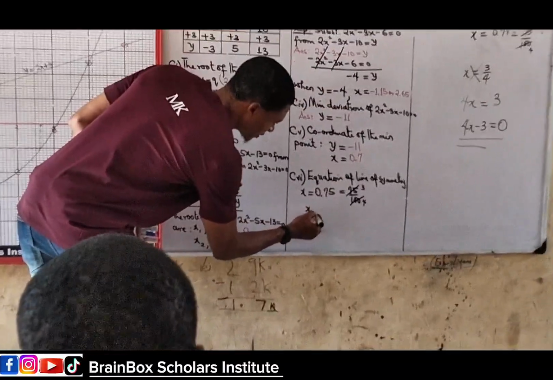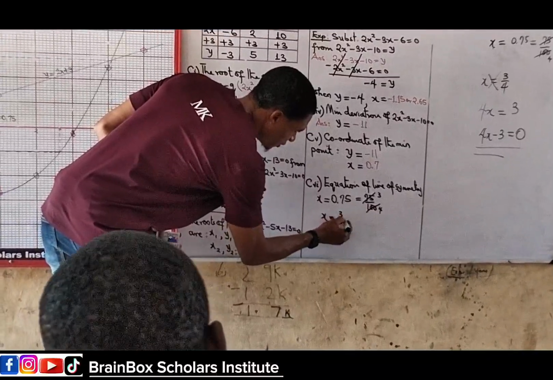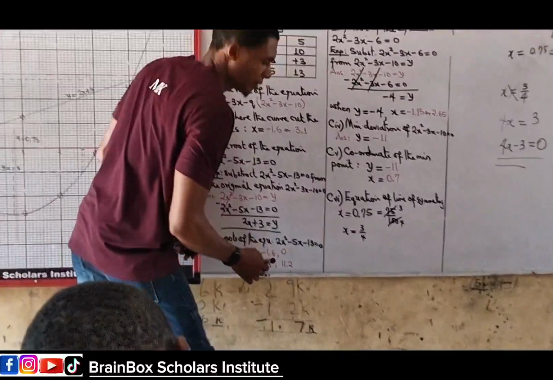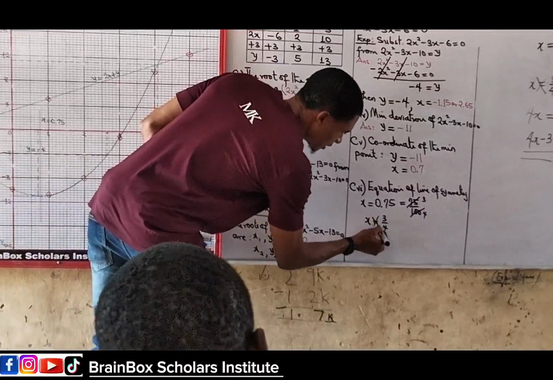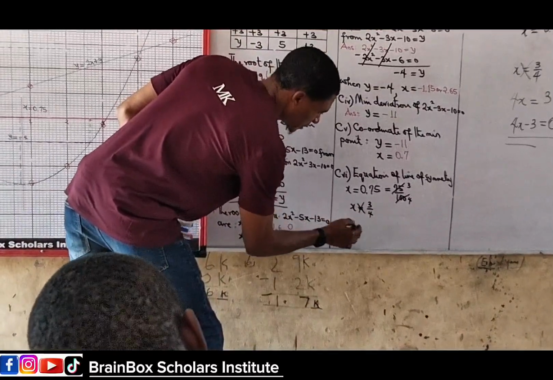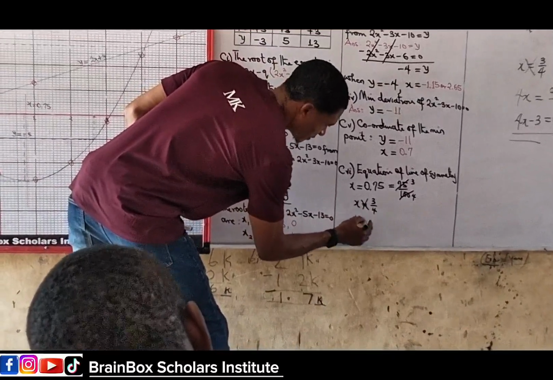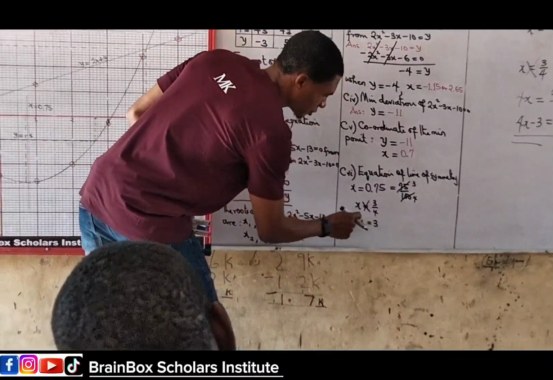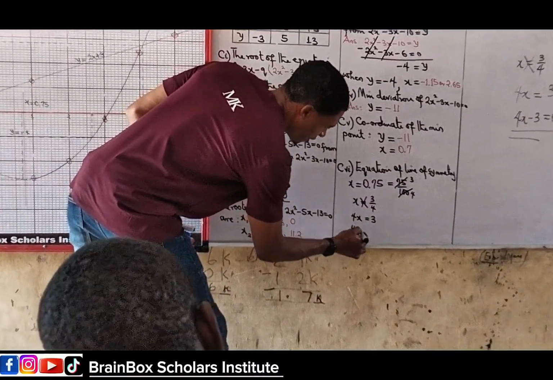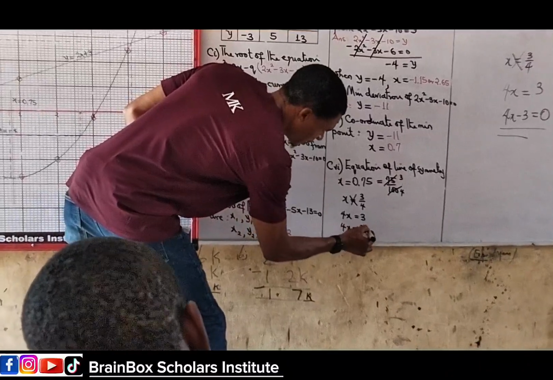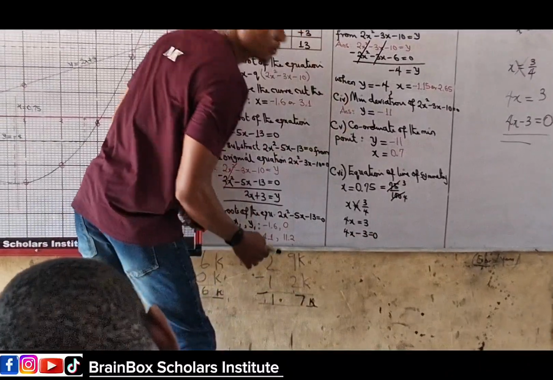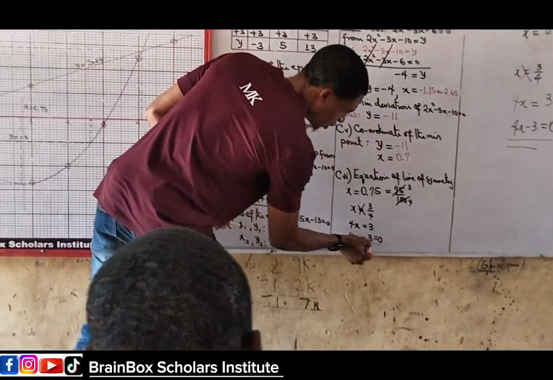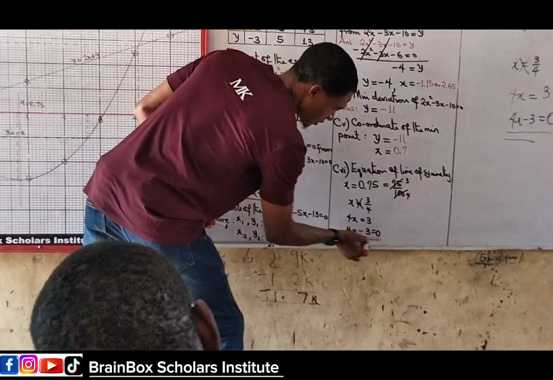And therefore, x becomes equal to 3 over 4. Then cross multiply. 4 times x is 4x is equal to 3. Then 3 crosses over. It becomes 4x minus 3 is equal to 0. So this becomes the equation of the line of symmetry.